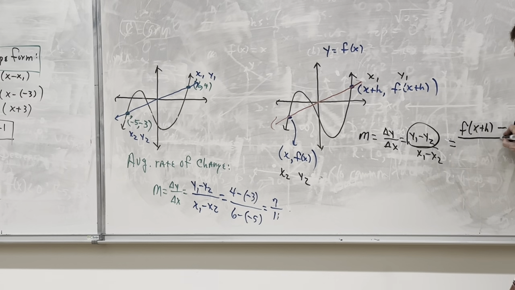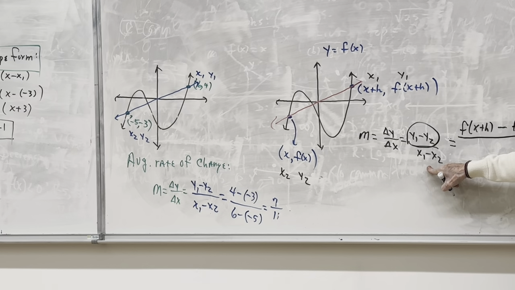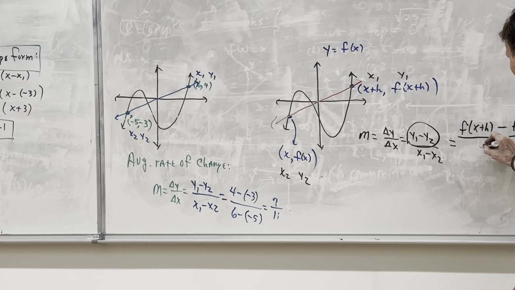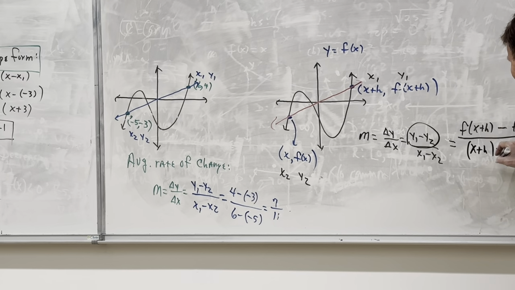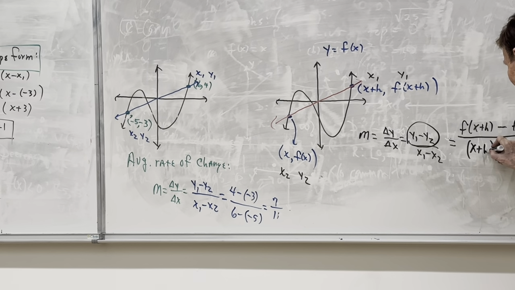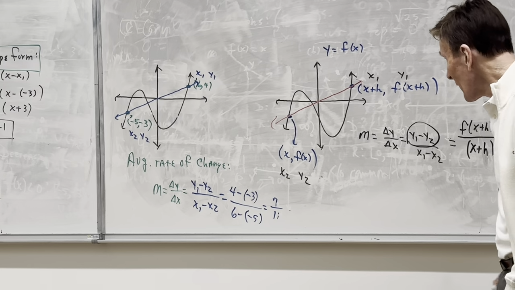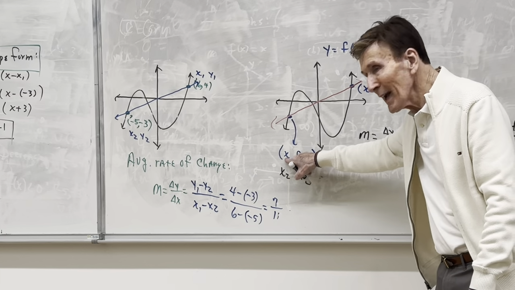Now, over x1 subtract x2. The way it's been labeled here, x1 is x plus h. Subtract x2, and x2 is x.